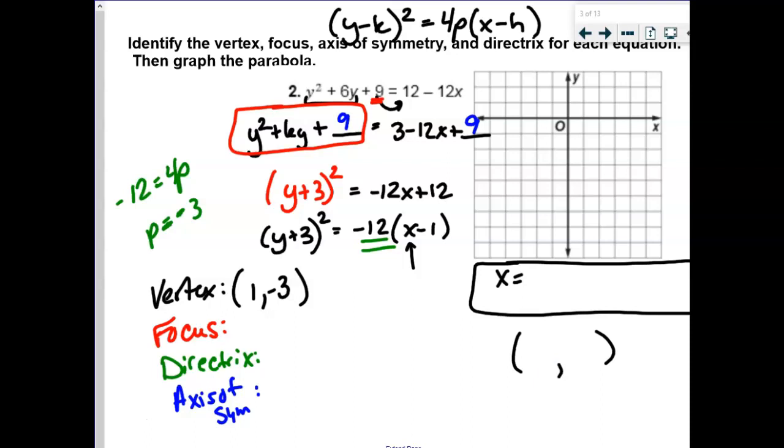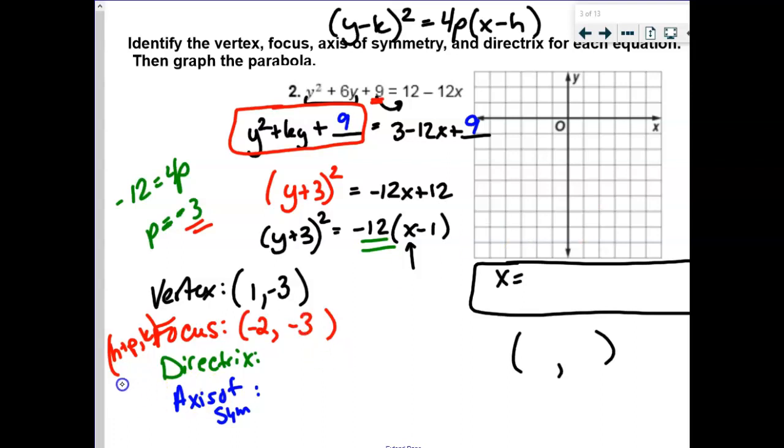What is the focus? Okay, what was the formula for focus? For a horizontal parabola, h plus p, comma k. So to find that, and I think we recall that p was -3. So 1 plus -3 would be a -2, and then comma k would be a -3.